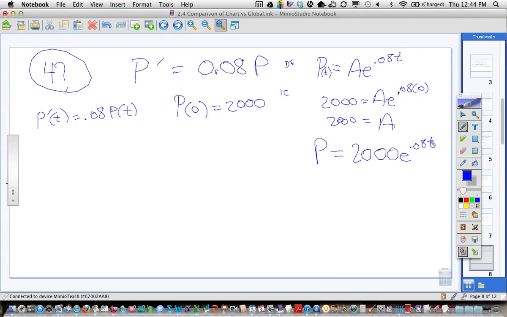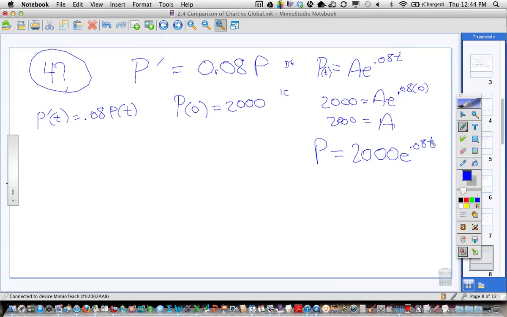Now, this is what we can work with. And I want you to understand this about differential equations. The power of differential equations is they pretty simply describe natural phenomena. In other words, this says the rate that your money grows is proportional to the amount you have. That's a pretty powerful statement and pretty simple statement.